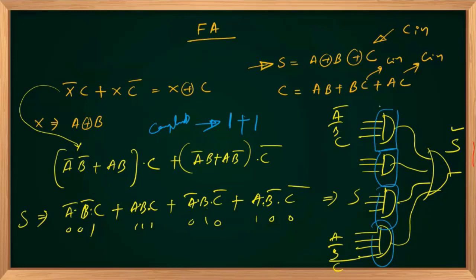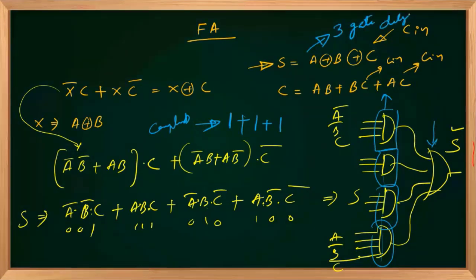Since all are connected in parallel, I count only one gate delay for the AND gates. Similarly, the last gate is the OR gate, which requires another gate delay. So to produce a sum output, we require three gate delays.